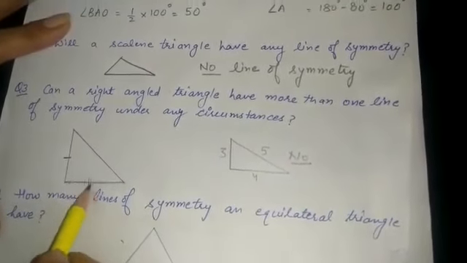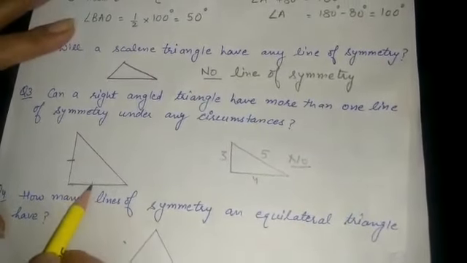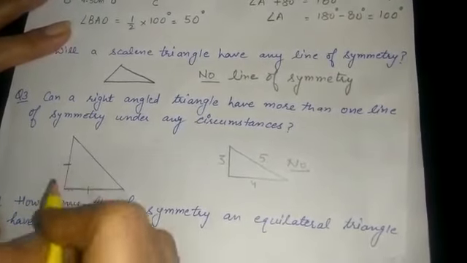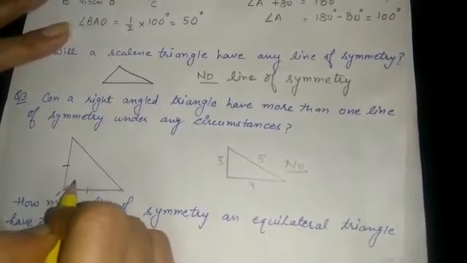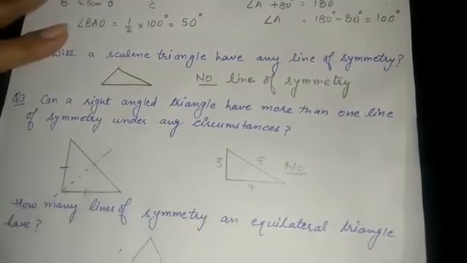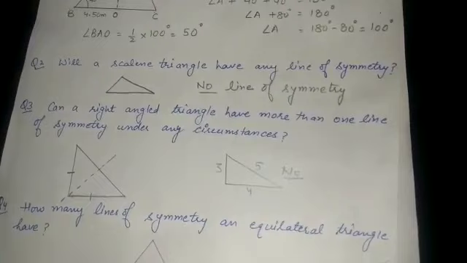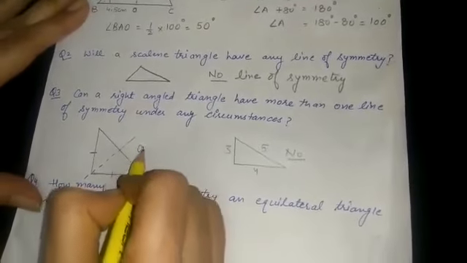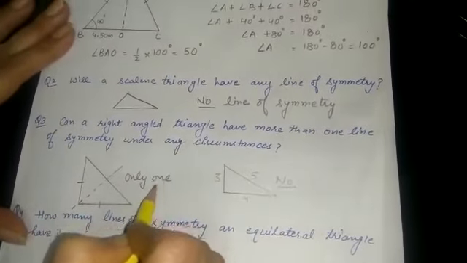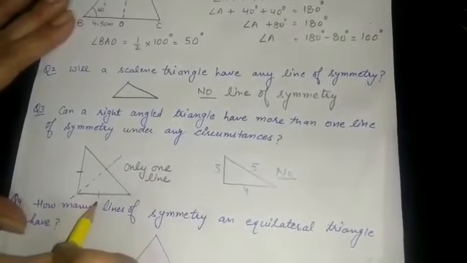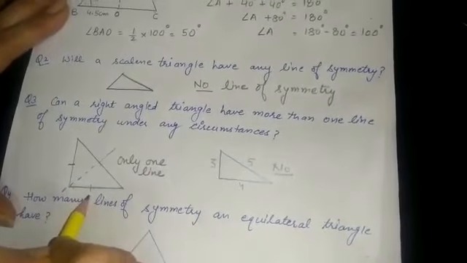But when these two sides are equal, it has this one line of symmetry. So under any circumstances, it has no more than one line of symmetry, only one when it is an isosceles right angle triangle.